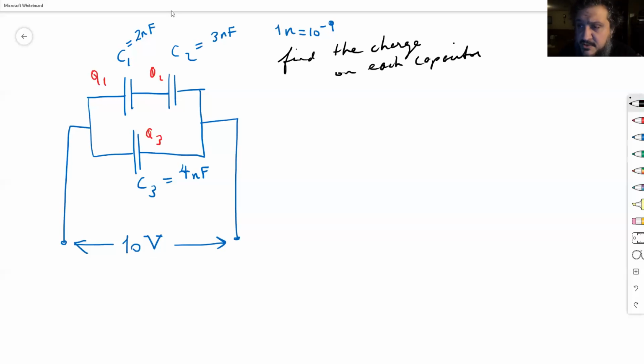Now, the first thing you should notice is that since you have a series connection between 1 and 2, the charge on each capacitor is the same. So Q1 is equal to Q2. These two will have to have the same charge. And Q3 can be added to that. So I'm just going to call it Q. If I add Q to Q3, this will give me the total charge in this system.